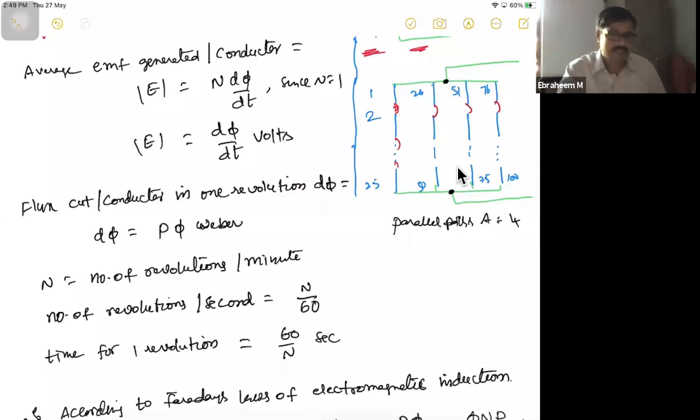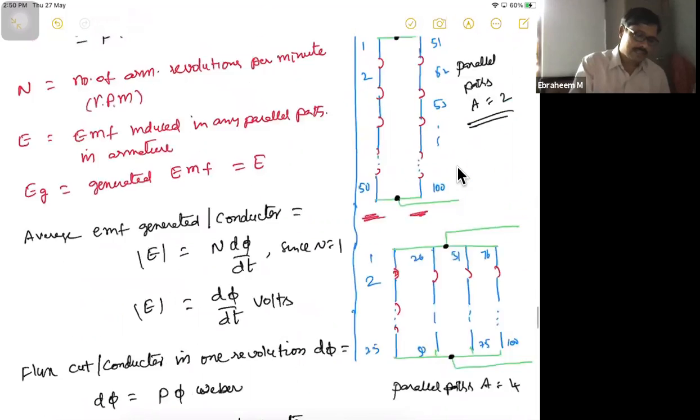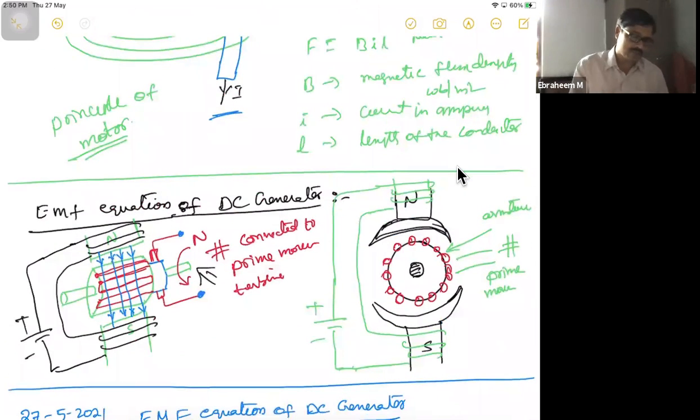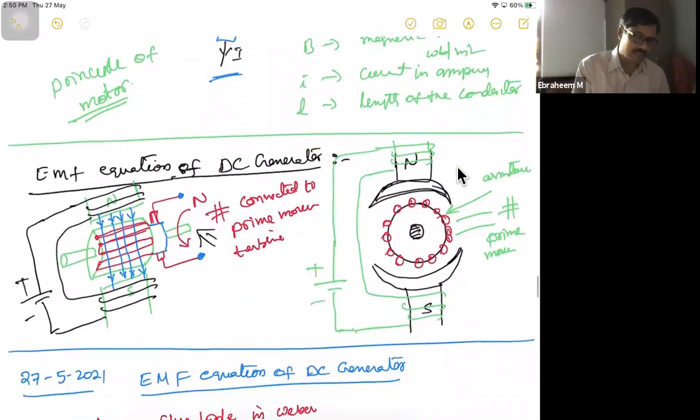From the left side diagram, you can understand that the armature is rotated under these poles. So when the armature completes one revolution, one conductor passes through the N pole as well as the S pole, right?